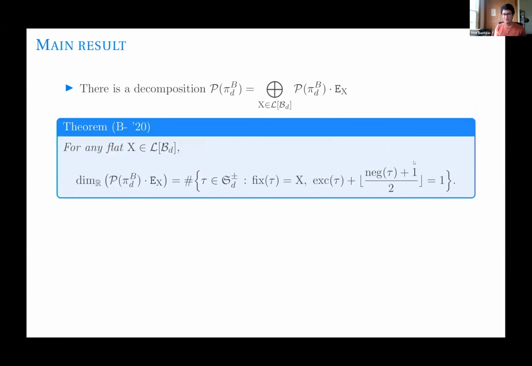But the important thing is that, just with purely algebraic tools, we can get some decomposition of our module into smaller things. These are subspaces that are not precisely submodules, but we have a certain decomposition into subspaces. These subspaces are indexed by the flats of the arrangement.